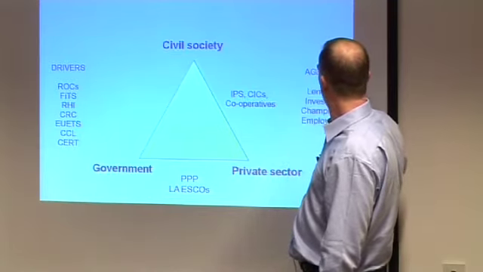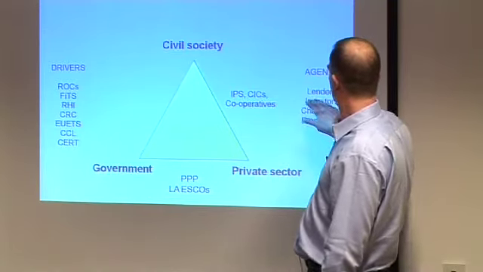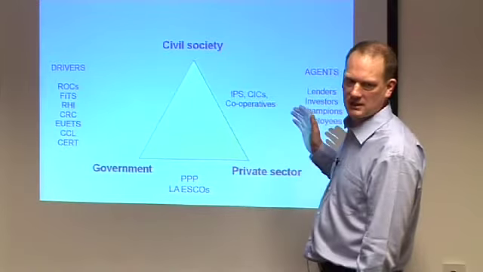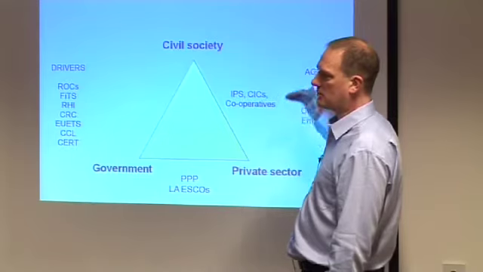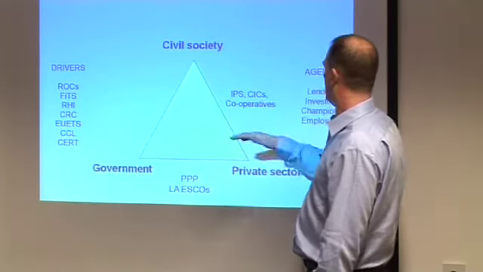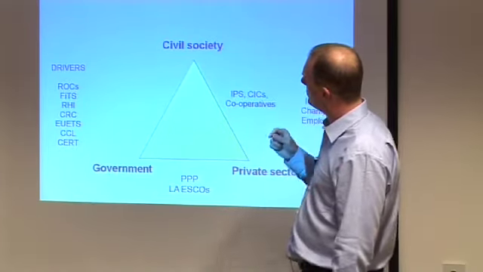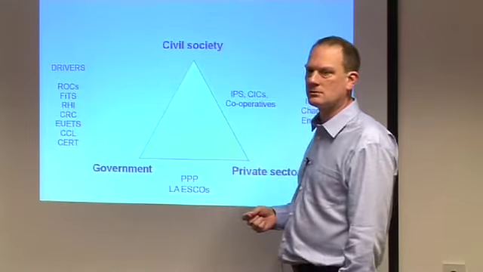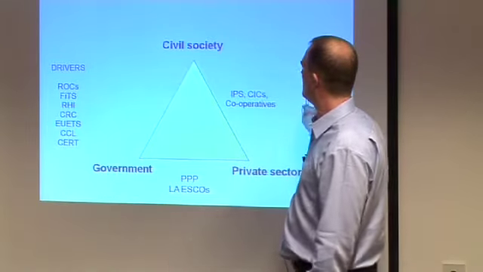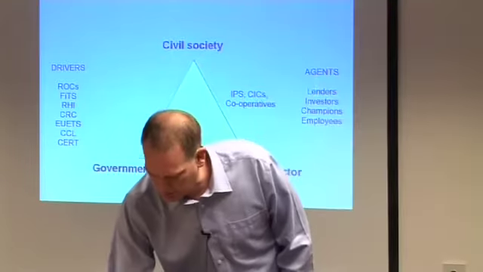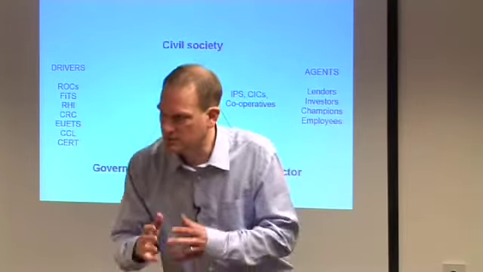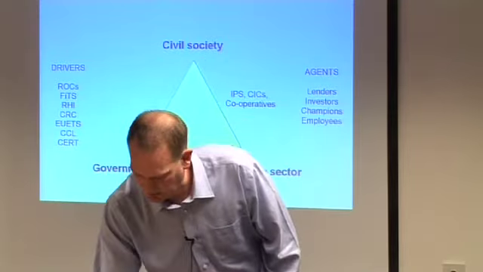And we're seeing agents, so banks or private sector investors, particular individuals in communities or particular individuals in local government, being the cause of change within those organisations. So we're seeing new organisational structures, I think, in response to that set of societal level drivers.